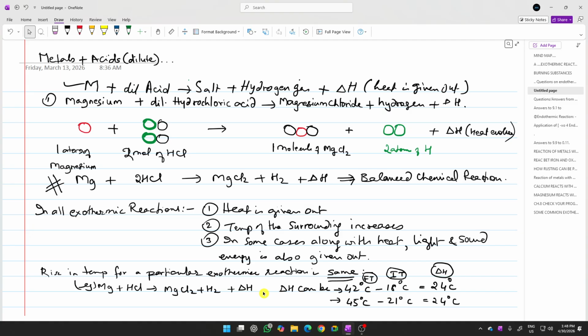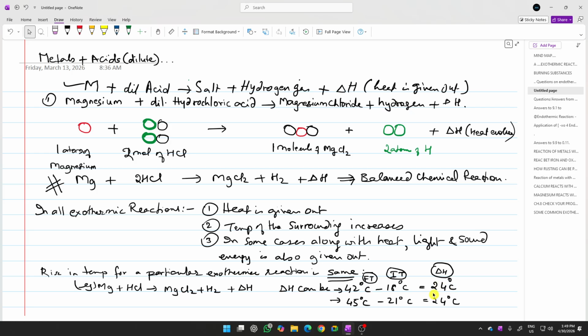What I want to add here is, suppose you take more quantity of magnesium, then it is possible that this rise in temperature may be more. Suppose you take some different type of metal, not magnesium, but a metal more reactive than magnesium. Then also you may get a higher rise in temperature.